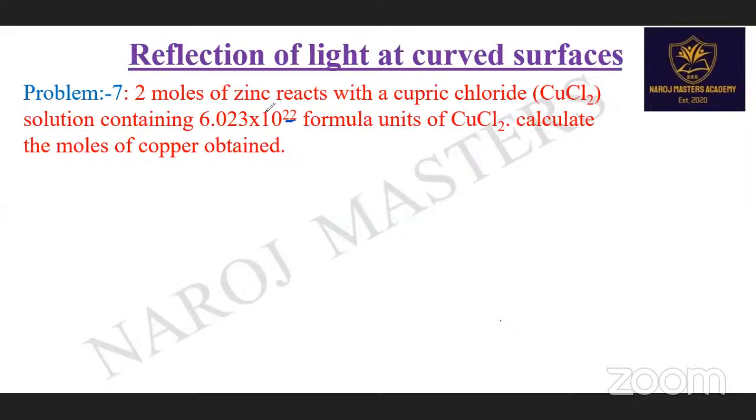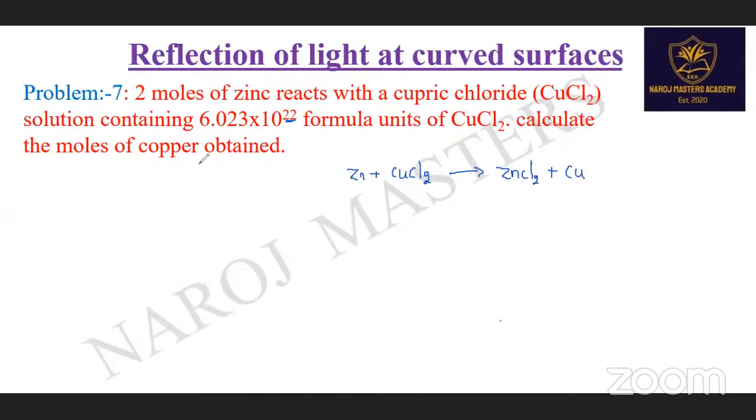So basically write the reaction between cupric chloride and zinc first. Zinc reacts with cupric chloride, CuCl2, gives rise to ZnCl2 plus copper.